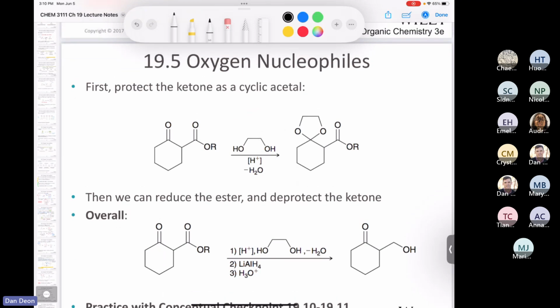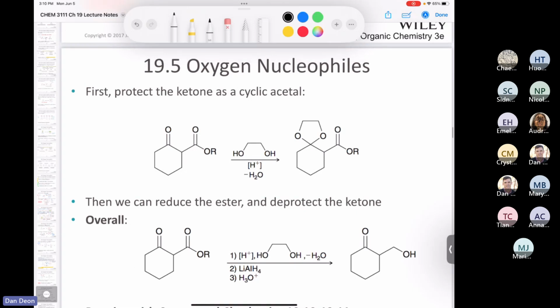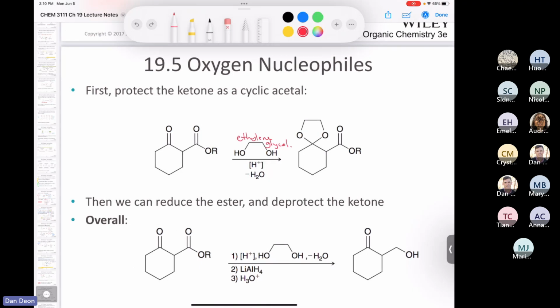So this is what we would do. Step one, we would protect the ketone as a cyclic acetal. So for that, we use ethylene glycol. Again, that's this little guy here, ethylene glycol. We use a catalytic amount of acid, and of course, we remove water. Oh, and if you're wondering, do you write that? Yes. Removal of H2O.